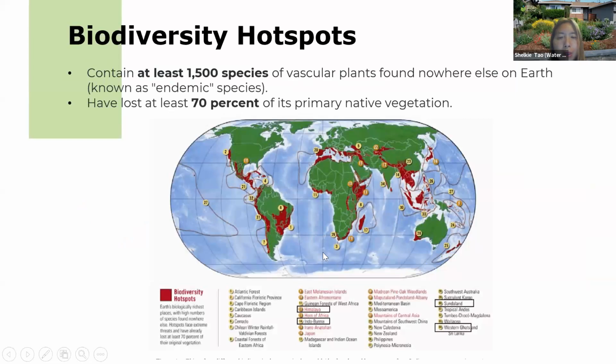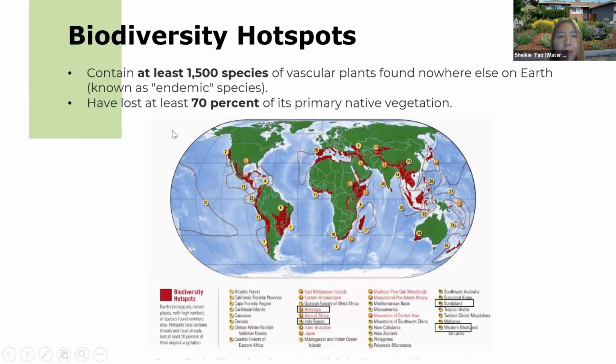Globally, there are about 38 biodiversity hotspots. To be a hotspot, it needs to meet these 2 criteria. First, it needs to contain at least 1,500 species that you cannot find anywhere else on Earth.